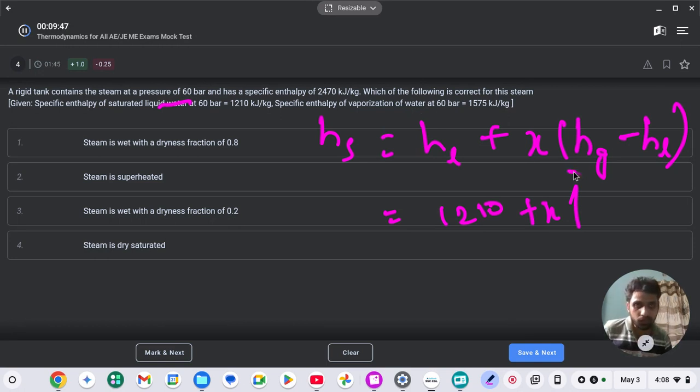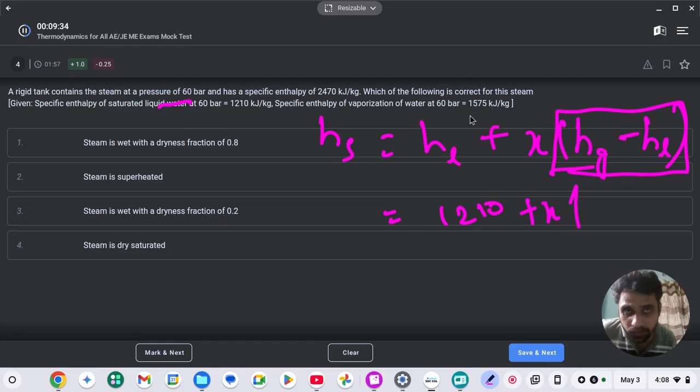So this whole term is given. This is the latent specific enthalpy of vaporization of water, in kilojoule per kg.